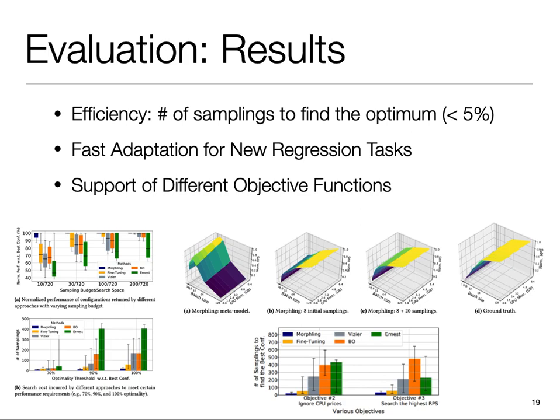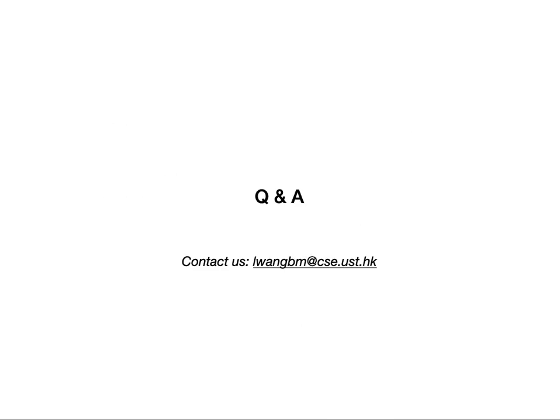As we can see, Morphling retains the advantage over other baselines, always returning the optimal configuration with less than 5% of the configuration samplings. To summarize, we present Morphling, an intelligent configuration tuning system for machine learning model serving deployments. Our experiments on both open source and production services show that Morphling selects the optimal configuration with much lower search cost than existing solutions.